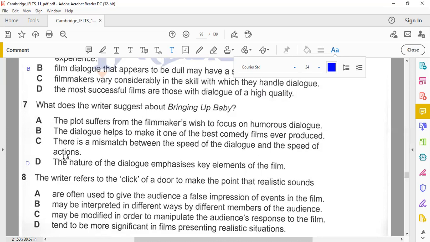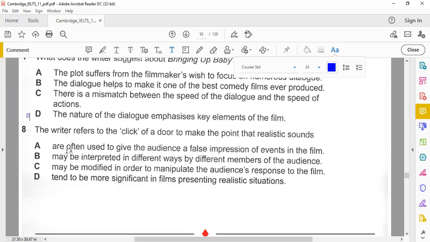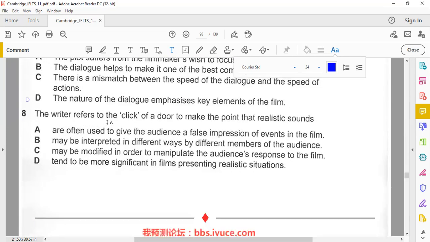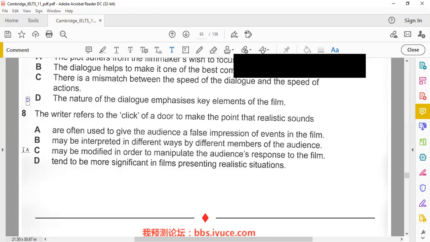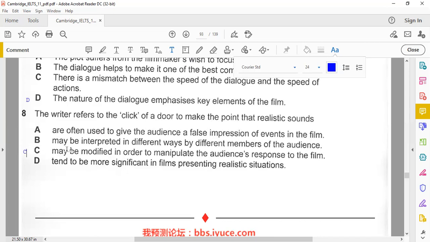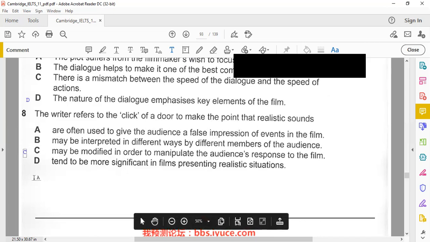For 17, D. And for 18, the writer refers to the click of a door to make the point that realistic sounds may be modified in order to manipulate the audience response to the film. So again, when you read, you'll see that C is the right option.